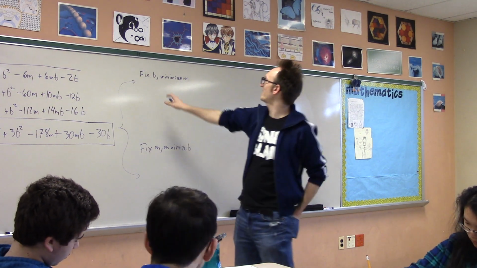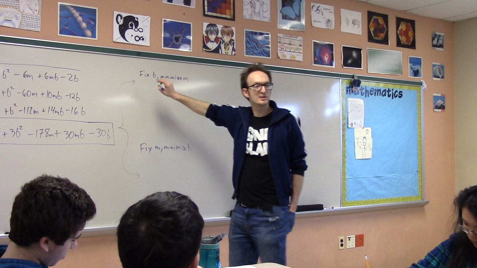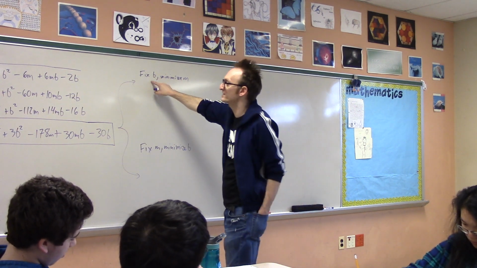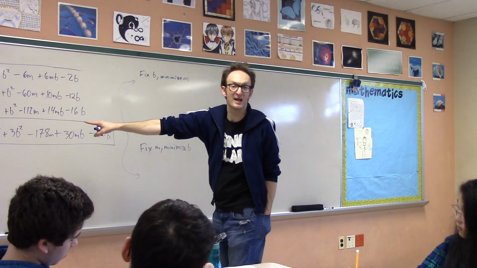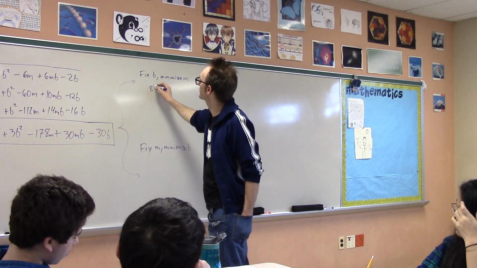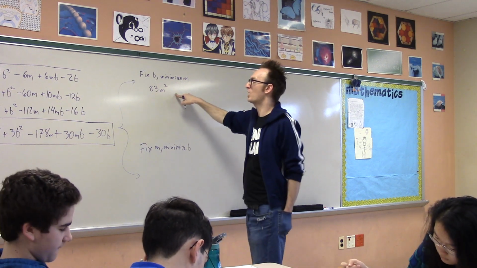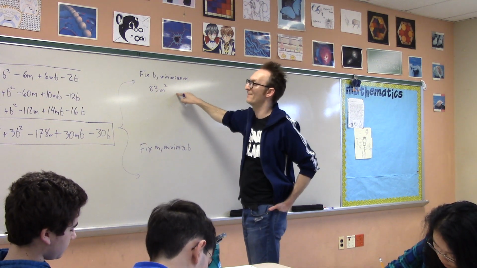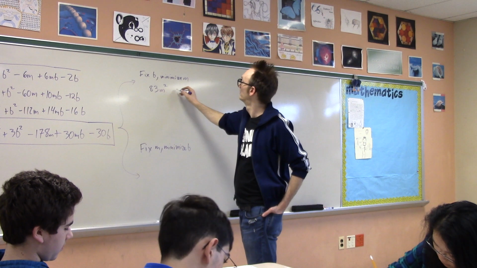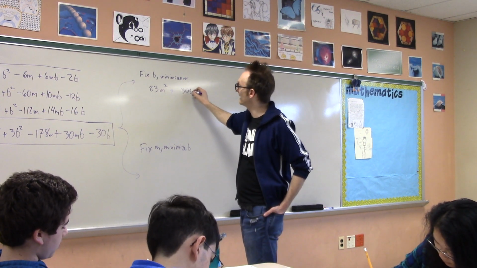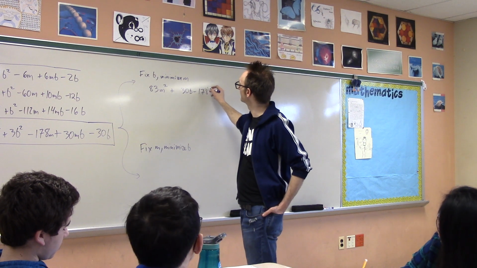Alright, what does it mean to fix b? Well, to fix b, I mean just let's pretend that b is constant for the moment. If b is constant, then this is just a quadratic in m, right? And what is that quadratic? It's 83m squared. What's the coefficient of the m term? 30b minus 178.